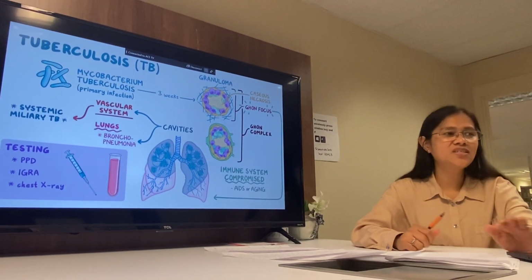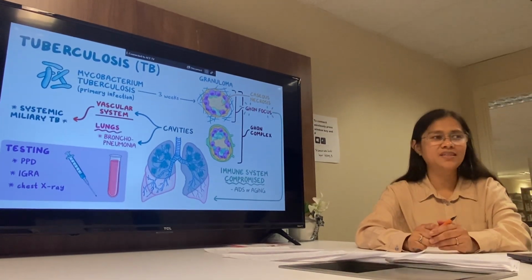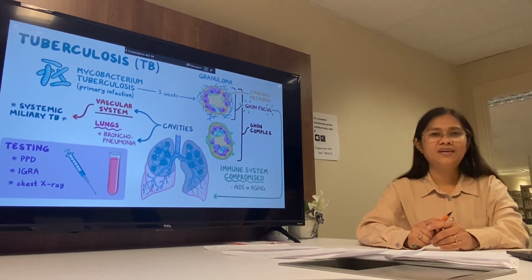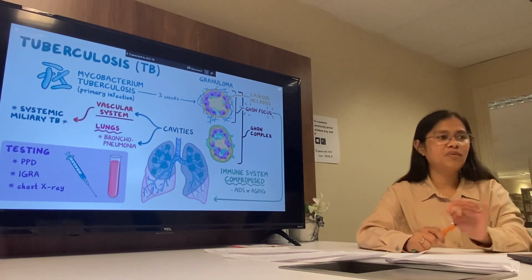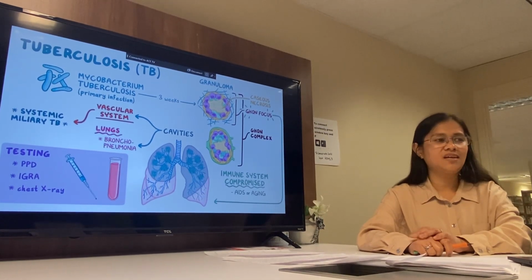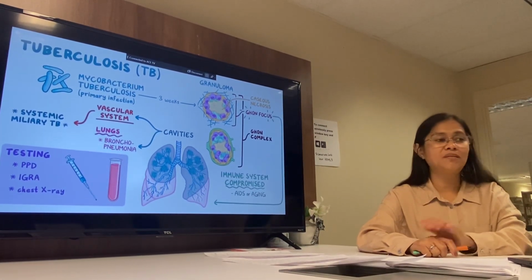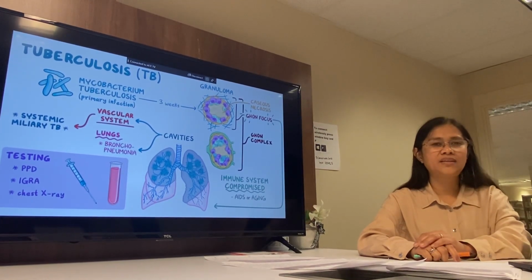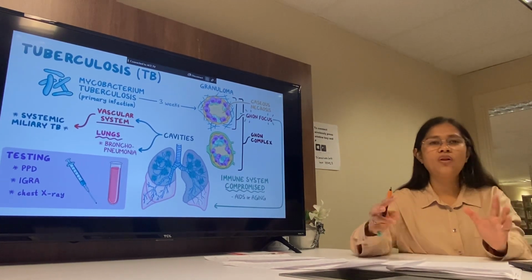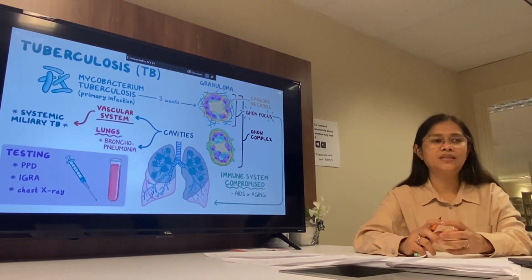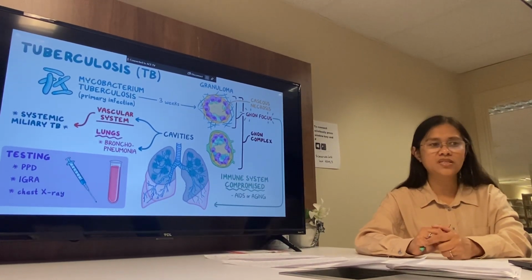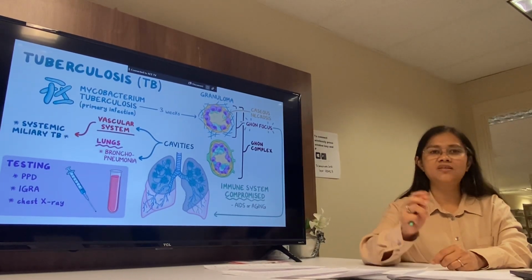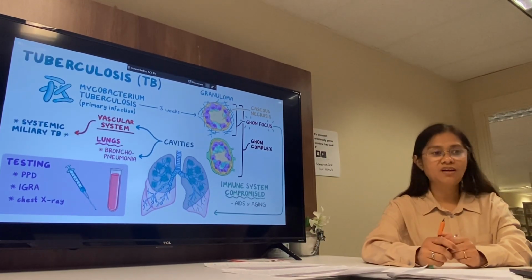To summarize, tuberculosis mainly infects the lungs, and it's caused by Mycobacterium tuberculosis. Within 3 weeks of the primary infection, the granuloma tries to wall off this disease, but the caseous necrosis creates the Ghon focus, which can then turn into the Ghon complex.